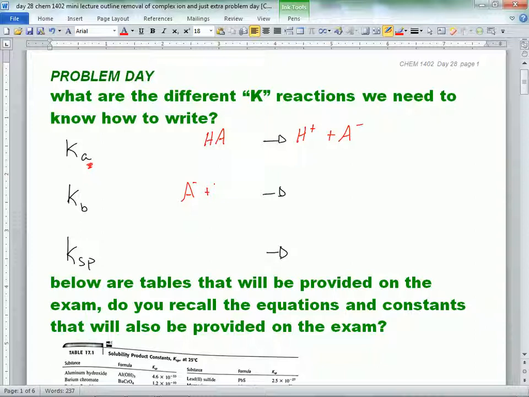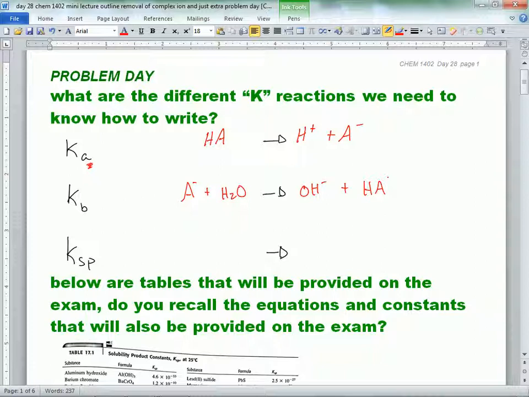Anybody help them? Conjugate base plus H2O yields OH minus and HA. Man, if you guys don't know these, you can't even row the boat. You can't even play the game. So you got to know these.